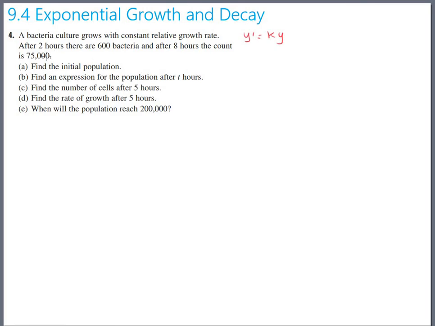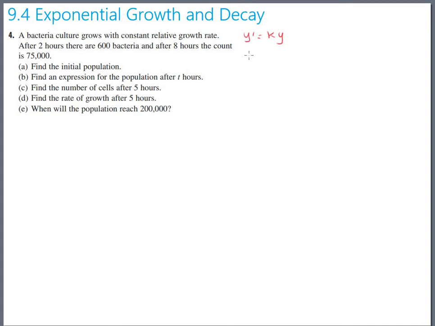In any case, it says after 2 hours there are 600, and after 8 hours the count is 75,000. That means we know the solution to this equation.